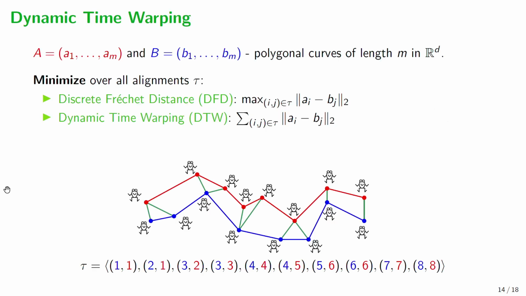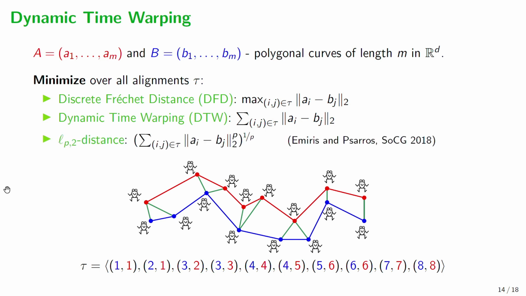Now let's consider dynamic time warping. Can we use the same approach here? Recall that for two polygonal curves, A and B of length m, the Fréchet distance is minimizing the maximum distance over all alignments, and the dynamic time warping is minimizing the sum of distances.